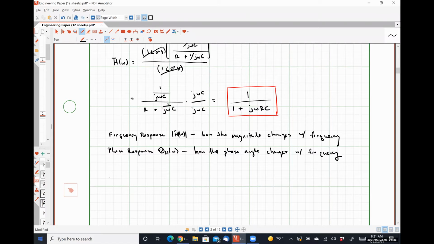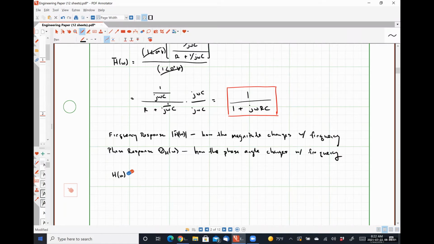All right, so to determine the magnitude, we need to first break down H of omega into a rectangular complex number. Right now we have a rectangular complex number in our denominator, but I want a rectangular complex number in the numerator with a real number in the denominator, so that we can easily break it up into real and imaginary portions.